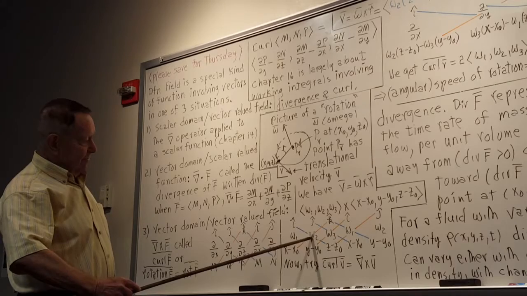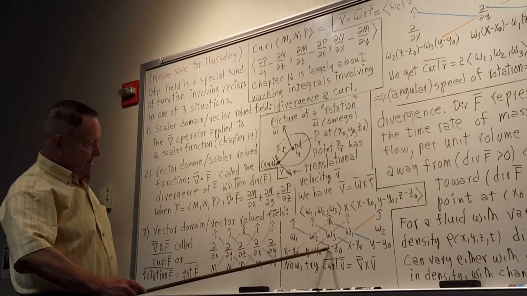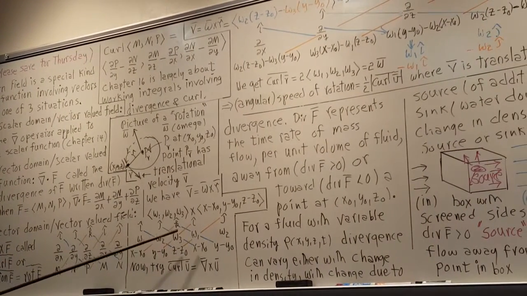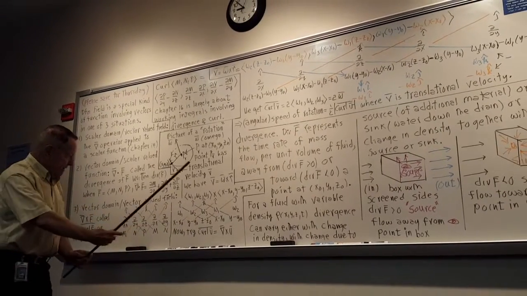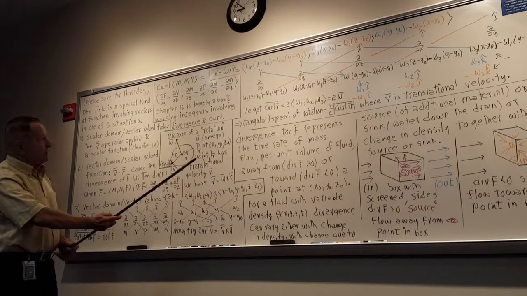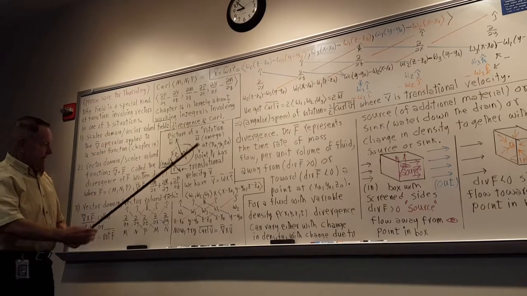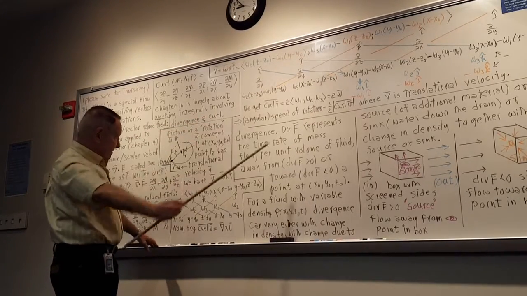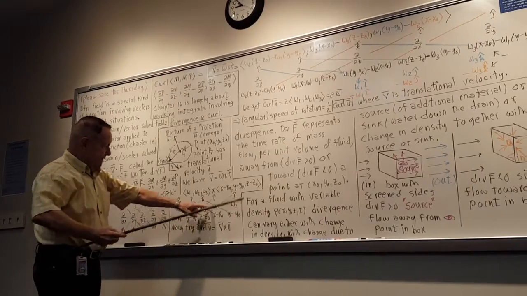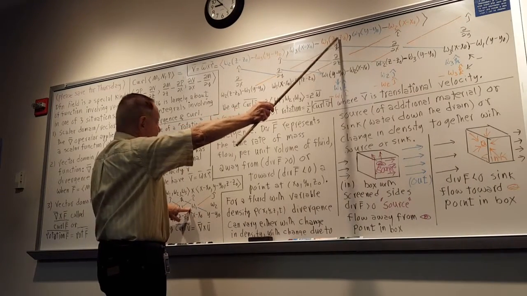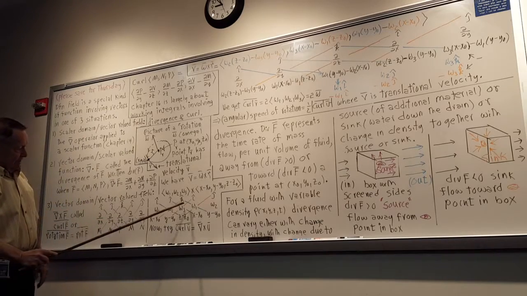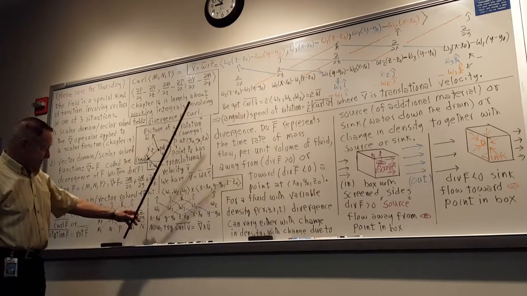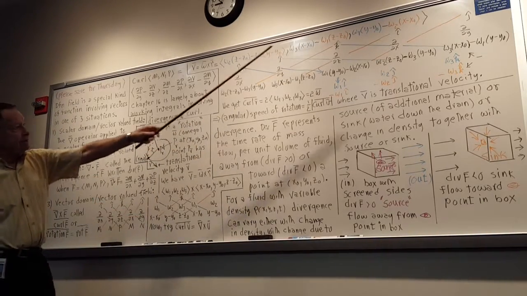With the i, we have omega 2 (z minus z0), and then coming back the other way for the i, omega 3 (y minus y0), and then with j we have omega 3 (x minus x0), and back the other way, omega 1 (z minus z0), and then finally k, omega 1 (y minus y0), and back omega 2 (x minus x0).